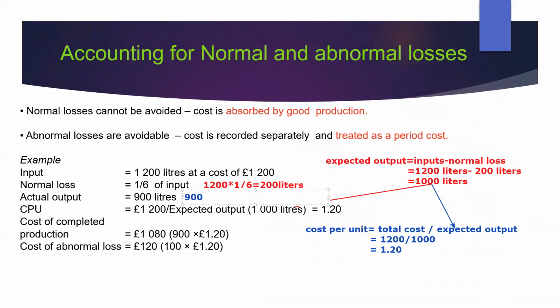So 900 into cost per unit, £1 and 20 pence, is the cost of completed production. So that is 1,080. Hope you can see it.